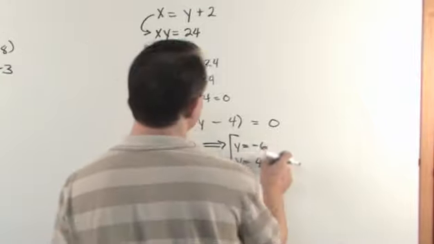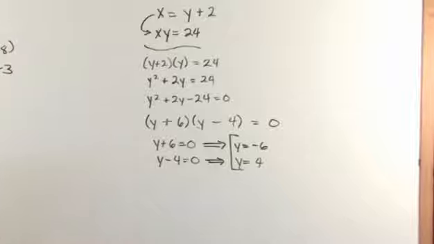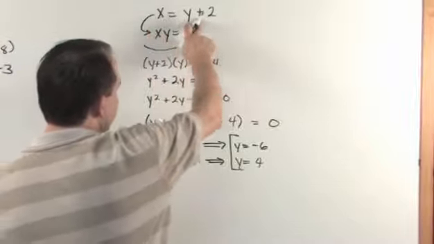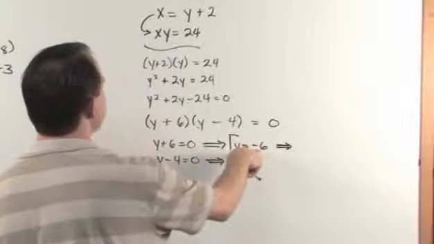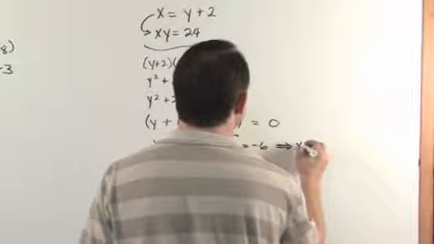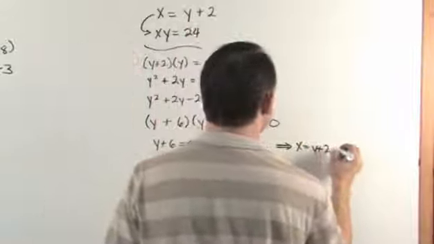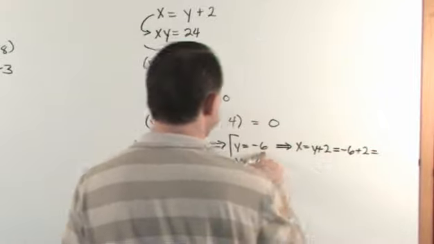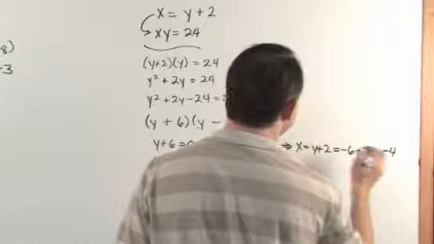Now notice we solved for the two values of y, but there are two numbers involved. We haven't found anything to do with x yet. But notice that x is equal to y plus 2. So taking this value of y, which is negative 6, x would equal y plus 2, which would equal negative 6 plus 2, because negative 6 gets plugged into y, which would equal negative 4.